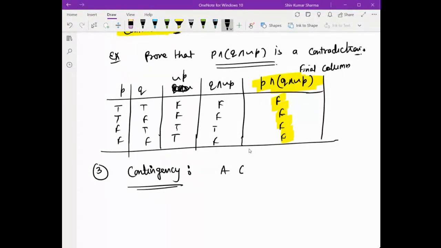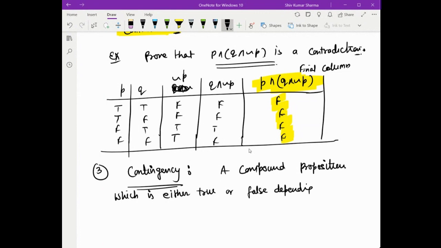Third is contingency, a compound proposition which is either true or false depending on the truth values of its variables is called a contingency.